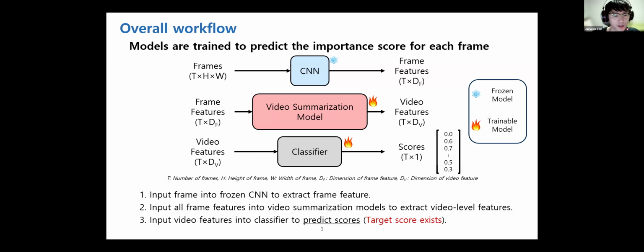Lastly, we input video features into the classifier to predict scores. Each frame has a score between 0 and 1, showing how important each frame is. An important frame has a high score, and a non-important frame has a low score. For supervised learning, there is a target score for each frame, which is assigned by humans.